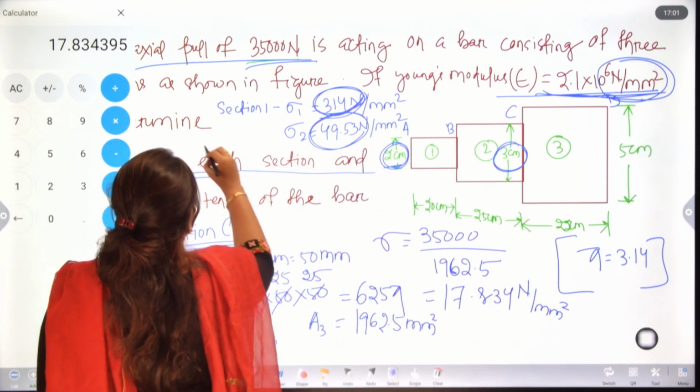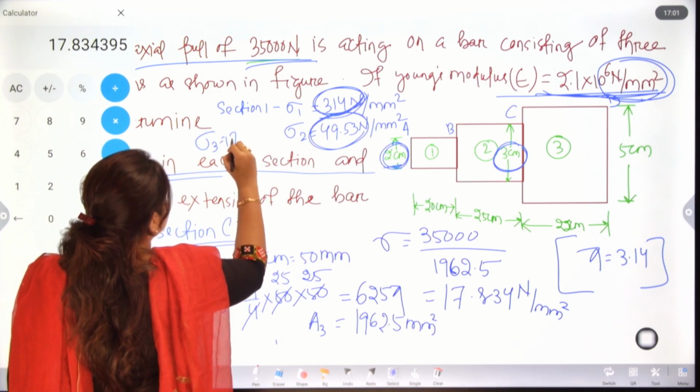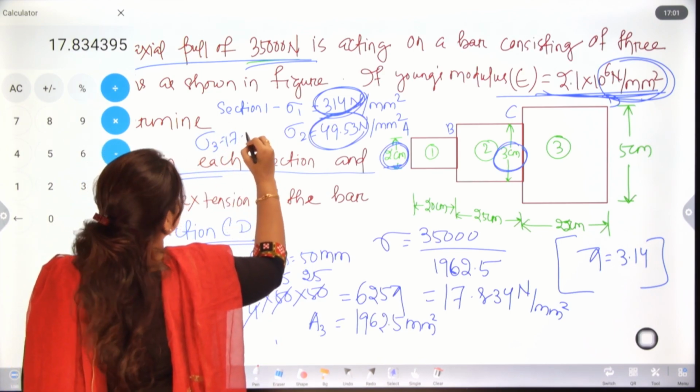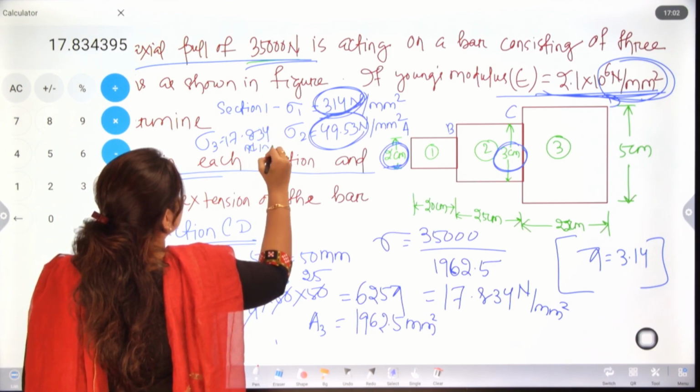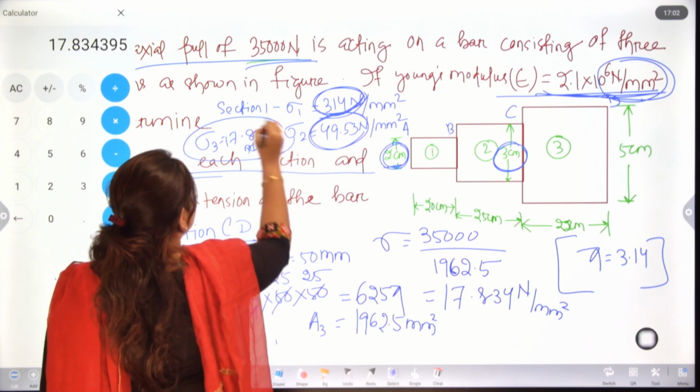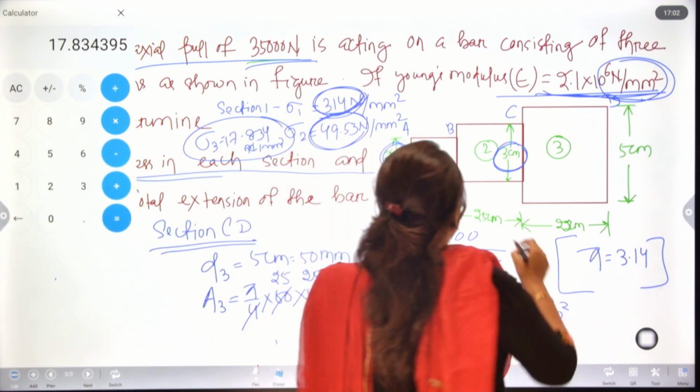We can write here sigma 3 is 17.834 Newton per mm square. We got the 3 sigma values for these 3 sections.